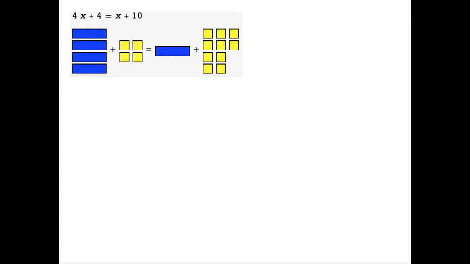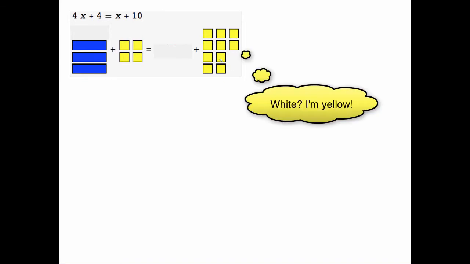So for instance, if I were to remove this x over here, just that red x means it's gone, and I would take this one away as well, that leaves 3 x bars here, plus 4, and then 10 white ones over here. So this is 3x plus 4 equals 10.